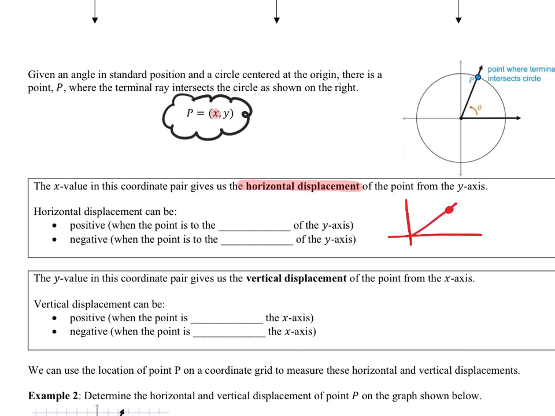Let's say this is point P. This horizontal displacement is the distance if I were to draw a straight line back to the y-axis, no matter where it is height-wise. I'm just going horizontally over to the y-axis. This horizontal displacement will be positive when the point is to the right of the y-axis and will be negative when the point is to the left of the y-axis, since on a coordinate grid, positive numbers are on the right and negative numbers are on the left.